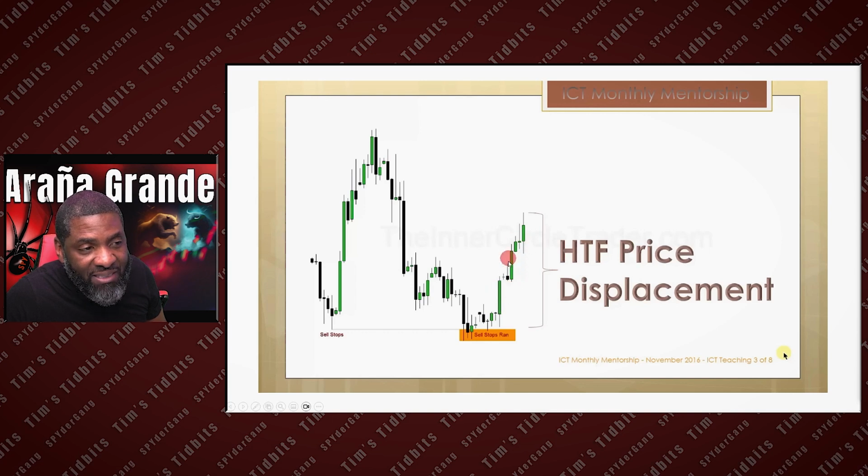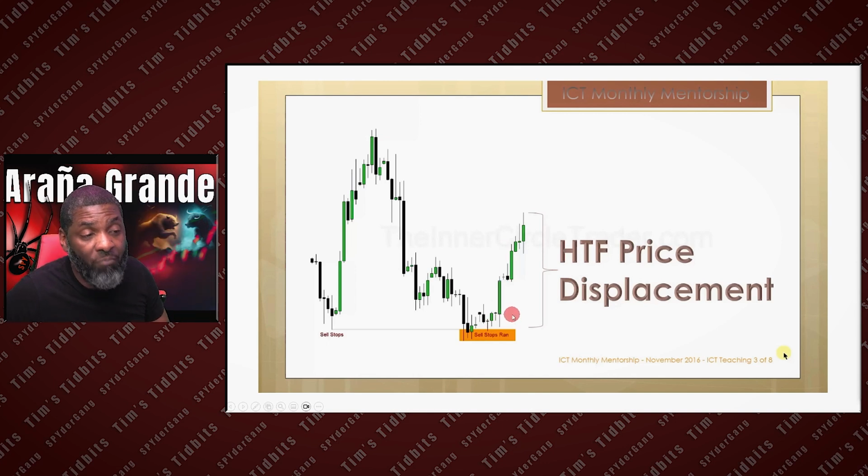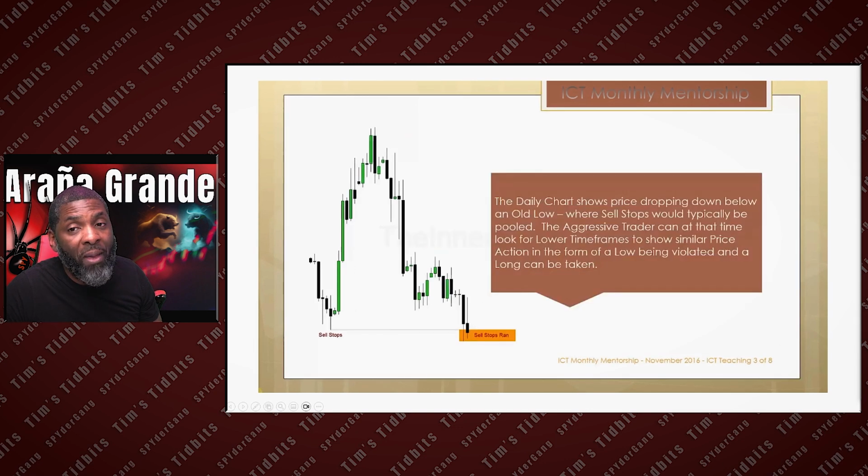You got imbalances when you take off, so you're creating BISIs on your way up or SIBIs on your way down. There's your displacement. Now, your clues that you had: you came to an anticipatory reactionary point, you got a pang out, you attacked some short-term buy side in there. Remember? Let's go back.